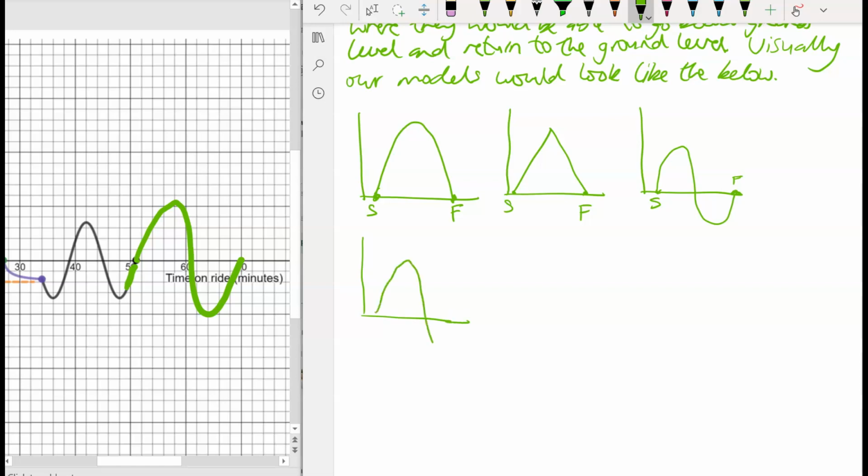So cubics can be pretty fluid or kind of S-shaped, we'll call them. So that would provide for a start and finish point as well. So let's label all of these. There would have been a parabola, absolute value, trig, and that would have been cos or sine, either of those, not tan though, and then a cubic.